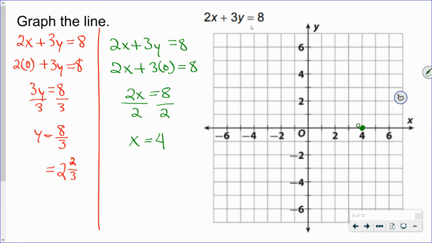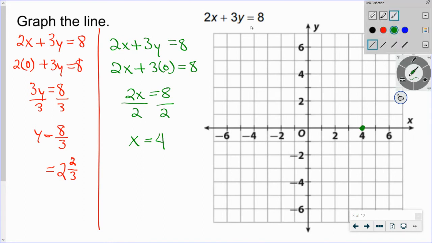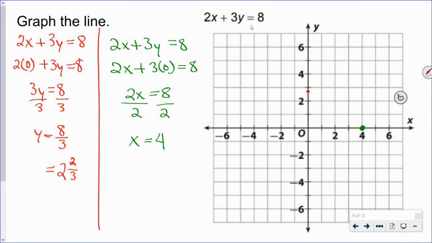My y-intercept is the point 2 and 2/3, so it's going to be approximately right there. All I did was go up to 2 and estimate what 2/3 was between 2 and 3. And then I just have to graph those 2 points.